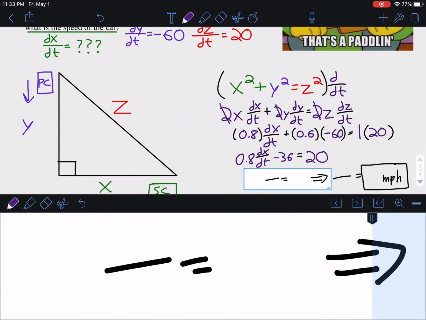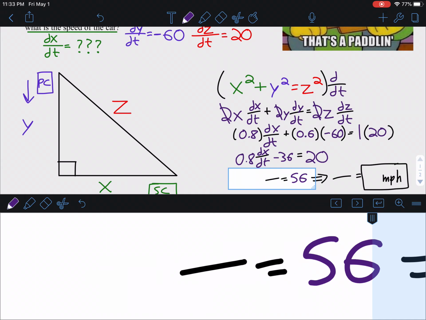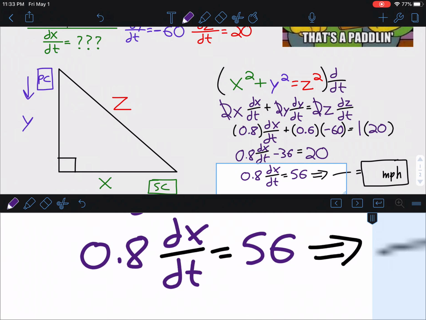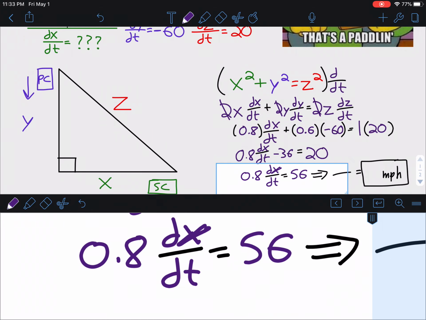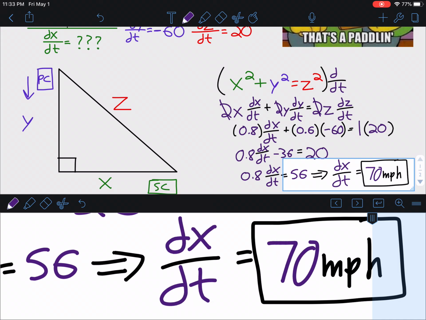You would have subtracted it over, and you would have gotten negative 16, where you should have gotten 56. So 0.8 dx/dt should equal 56. Okay, and so last step, divide by 0.8, and so we get dx/dt is 70 miles per hour.